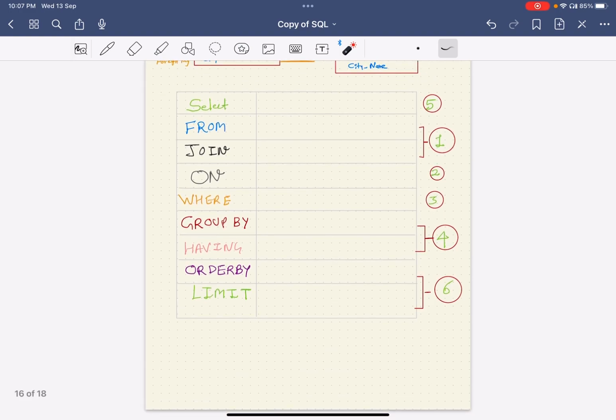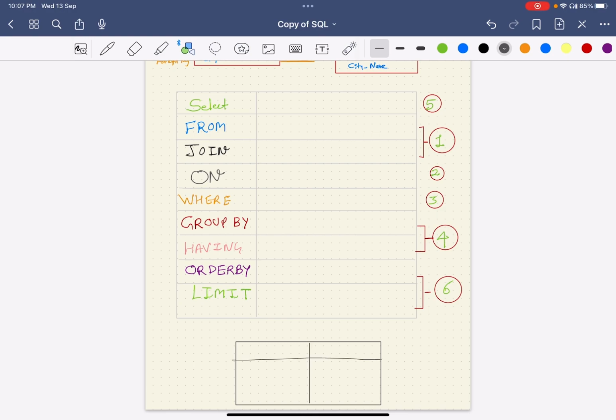The question given is that you need to return a table which has the city name as the city column, and the count of city, and you need to return it in ascending order, and you need to return only two entries. So this is the problem we have.